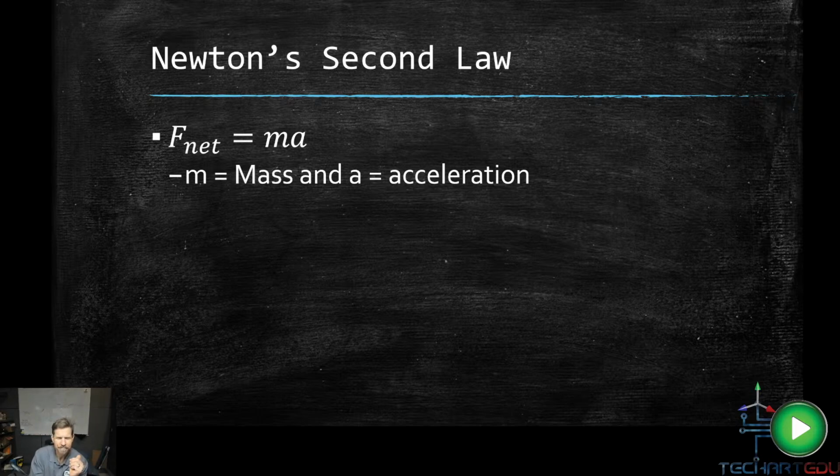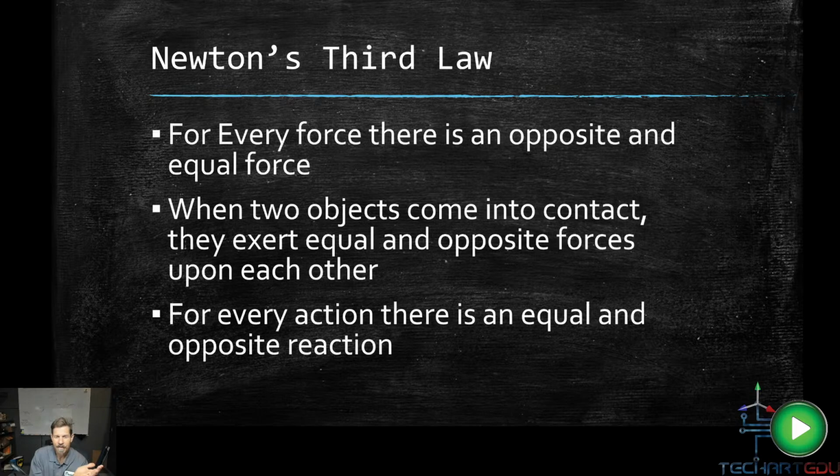Not too hard. The third law is a little bit precarious, and this is where all the diciness comes in, but it's actually really important. And ultimately, I'm going to say this a couple times. Newton's third law is saying that the forces are neither gained nor lost. They're just kind of transitioned.